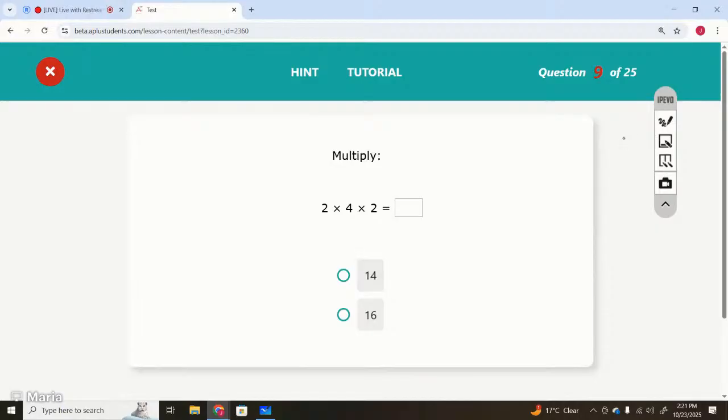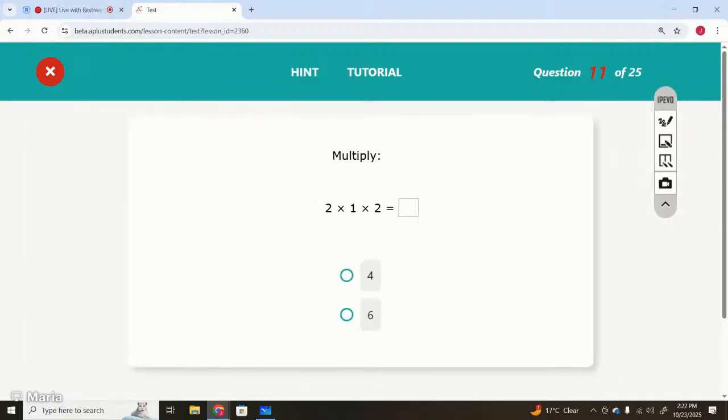16 it is, very good. 4 times 2 is 8 and 8 is 16. 4 times 4 is 16.